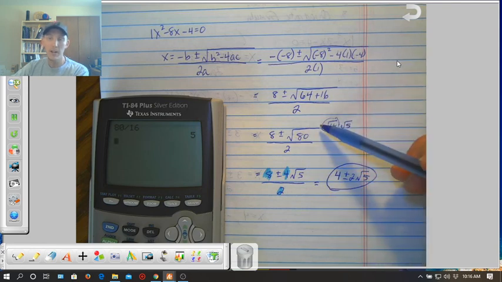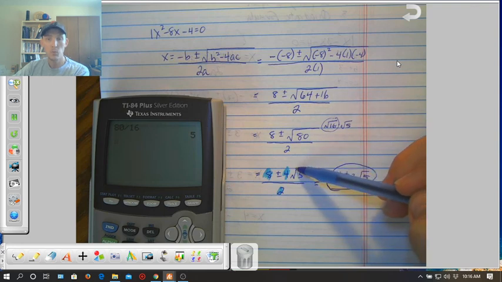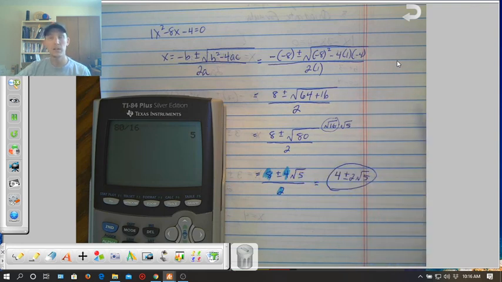Then we had to find the perfect square inside the radical and put it in front. And then we reduced and gave that final answer. There are 2 answers here because of the plus or the minus, and those answers have a radical in them. So this was a lesson on using the quadratic formula to solve a quadratic equation.